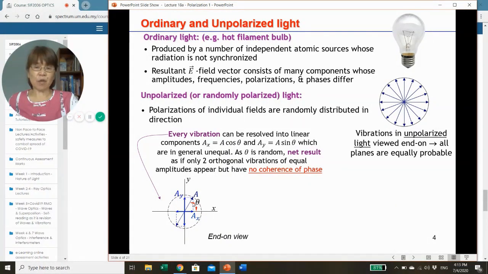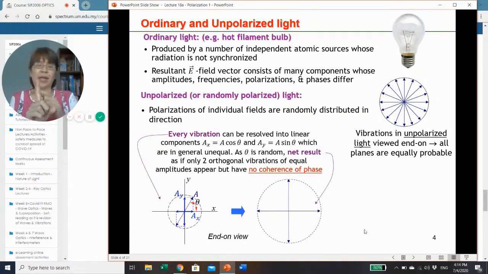And what happens if we resolve every one of these possible polarizations, then we can just add on the vertical one and add on the horizontal one, and in the end we can sort of represent it. A net effect of this is representing it by two orthogonal vibrations of equal amplitude, but they have no coherence in phase at all.